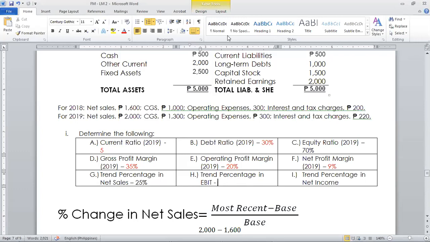Okay, I'll be the one to choose. Give me a number from 1 to 20. 16, ma'am. 16, okay. Jeneline Lacaba, kindly answer letter H using our formula.